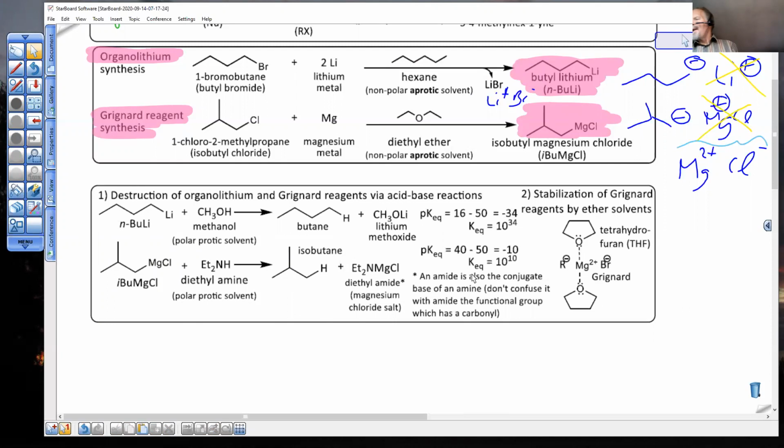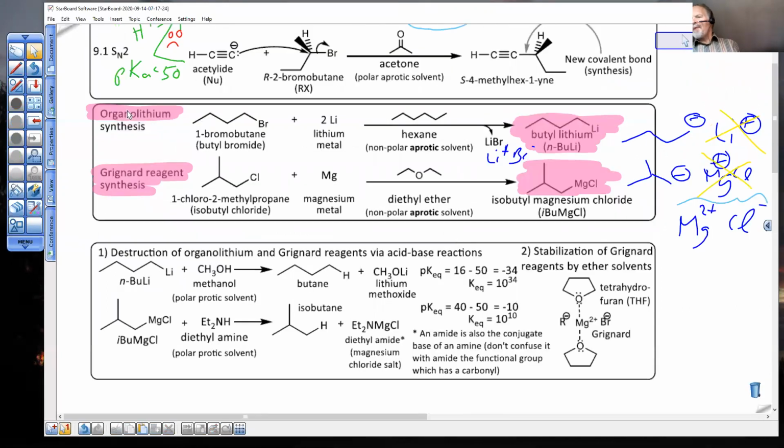Okay, now solvents are important when making organolithium compounds and Grignard reagents. We need to choose a non-polar aprotic solvent here and a non-polar aprotic solvent here. You can't just choose any ones you want. Alkanes for organolithiums. Ethers are mandatory for a Grignard reagent synthesis because the magnesium is developing a very high charge that needs to be stabilized.